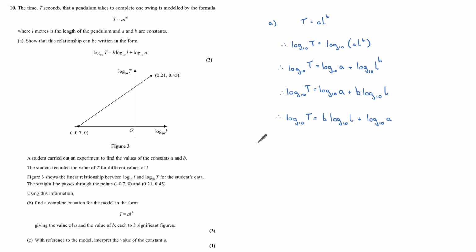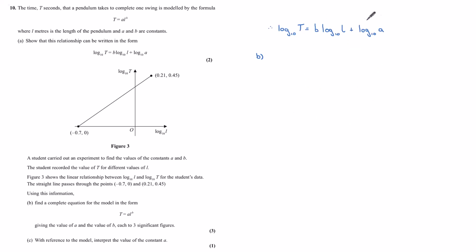Okay, so first thing to note here is that we've just written this equation in a linear form. So notice the x-axis is labelled log base 10 L, so this log base 10 L is almost our x value, and this log base 10 t is our y value. So I'm going to keep this part of the question here for part B, and I'm looking at the equation y equals mx plus c.